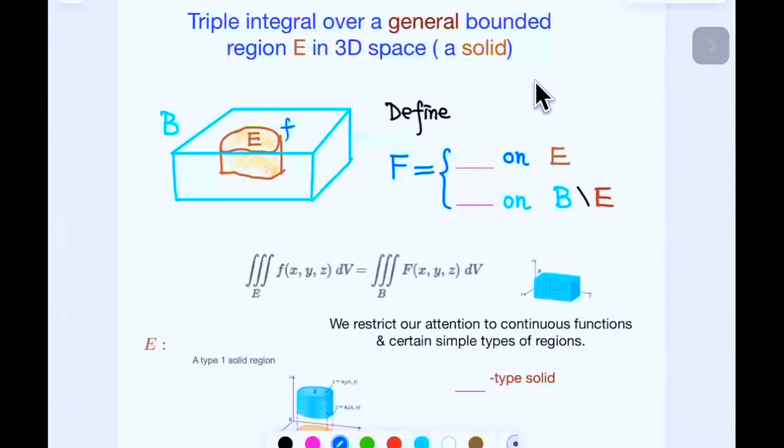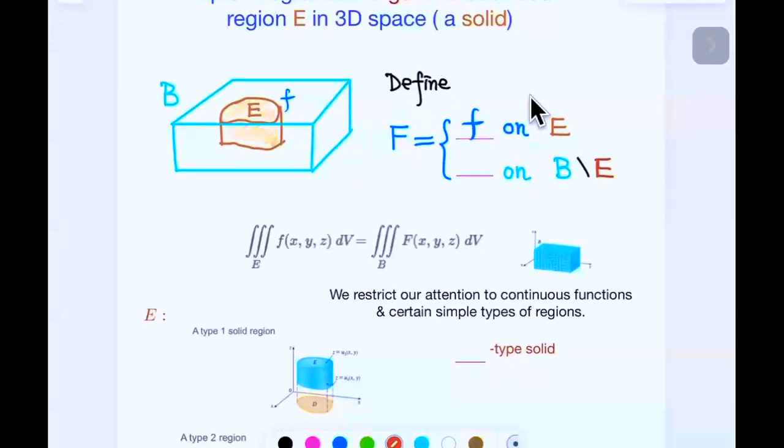So we're going to let the big F function equal the small f function on this solid E. They're going to agree with each other on this solid. And then we're going to let this big F function equal, guess what, 0 on the region that is outside this solid, but inside the box.